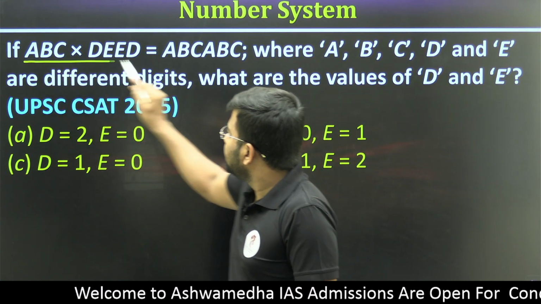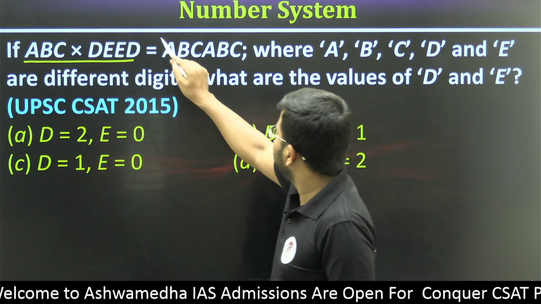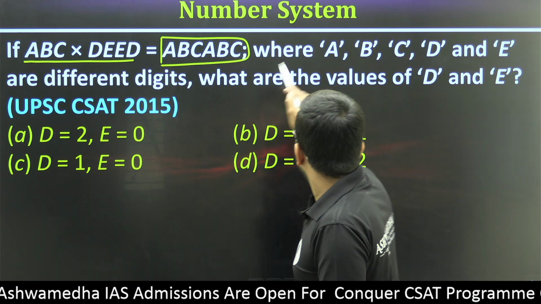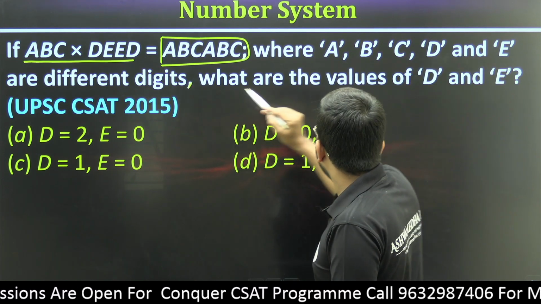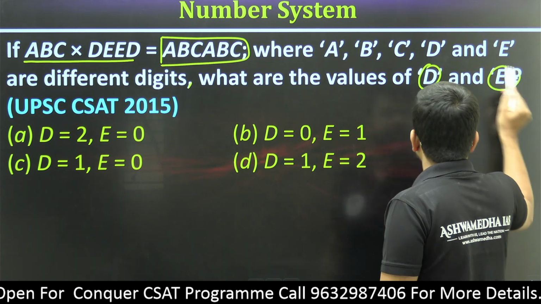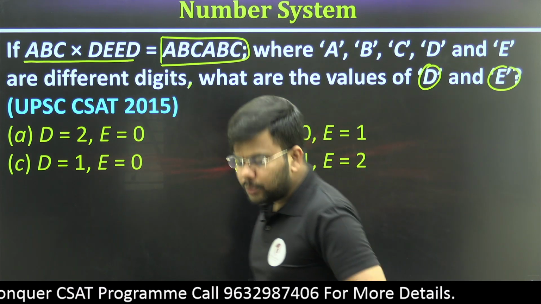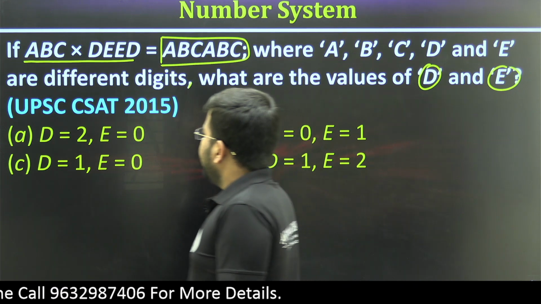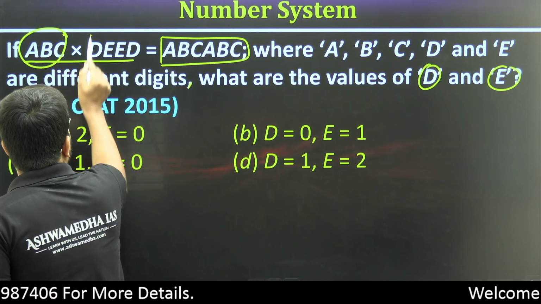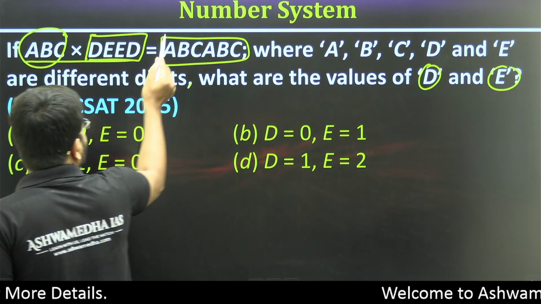If ABC into DED is equal to ABCABC, where A, B, C, D and E are different digits, what are the values of D and E? As soon as you see, you should be analyzing the theme which I have told previously. Any number of the form ABC, multiply with DED, you will get the product.